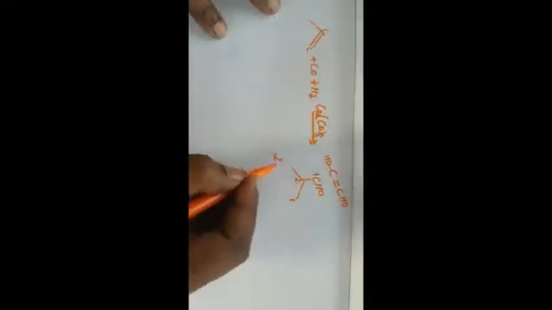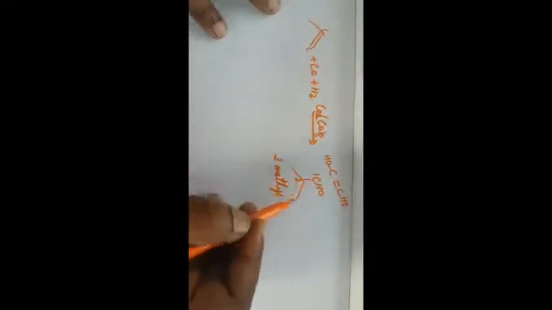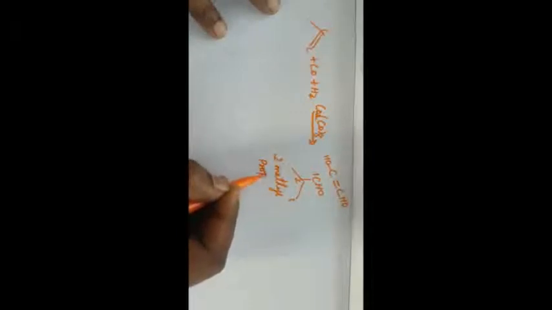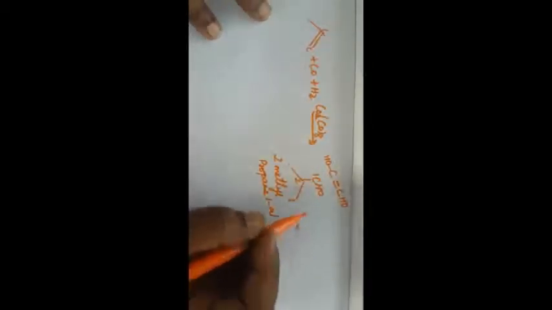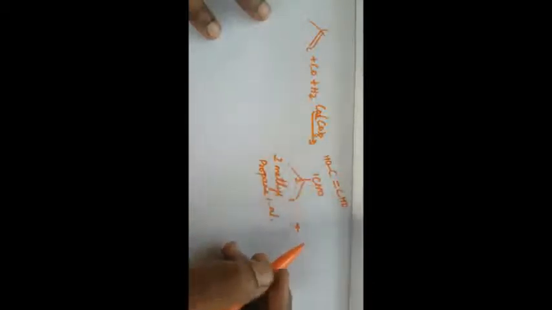The second position contains one methyl group, so 2-methyl, 3 carbons means propane, and 1 aldehyde, al. Another is the terminal carbon, with the other in the middle carbon. Here CHO. What is the compound name? 1, 2, 3, 4: 4 carbons means butane, with aldehyde group, butanal. Okay, so this is another reaction in the presence of dicobalt octacarbonyl.